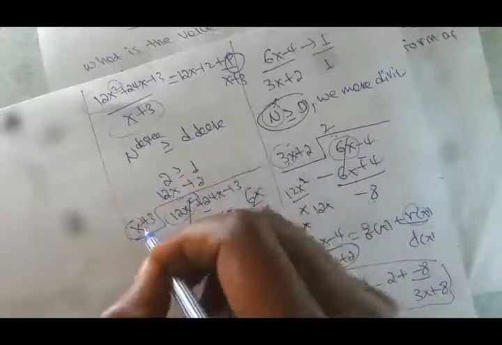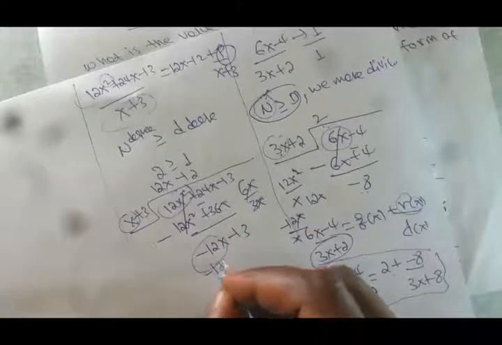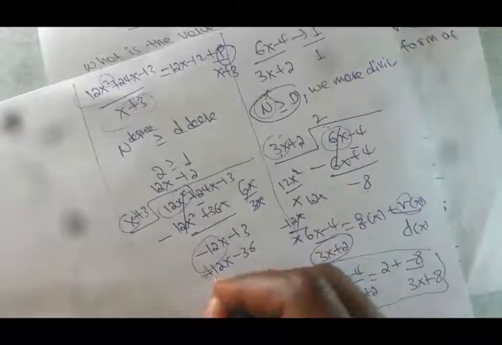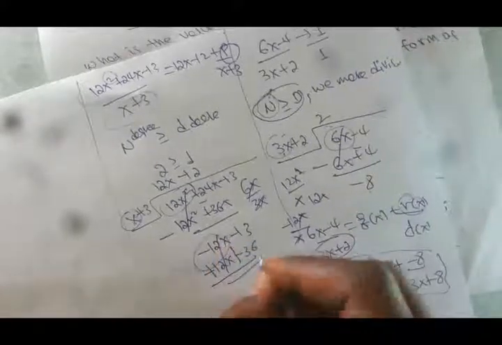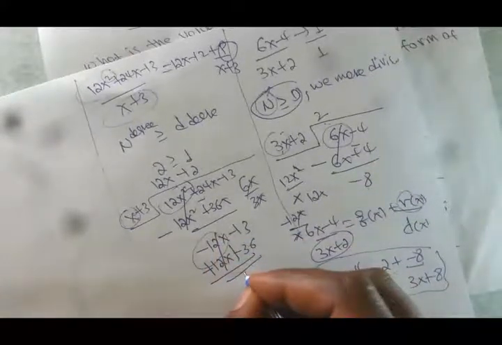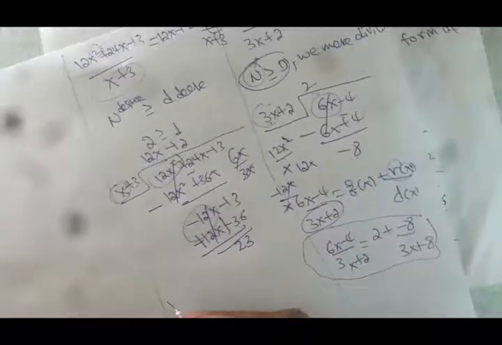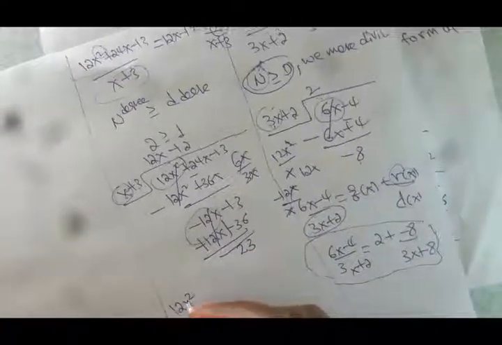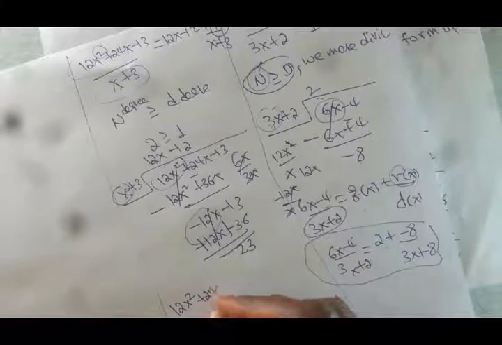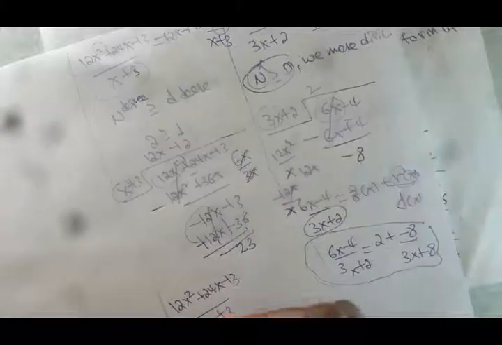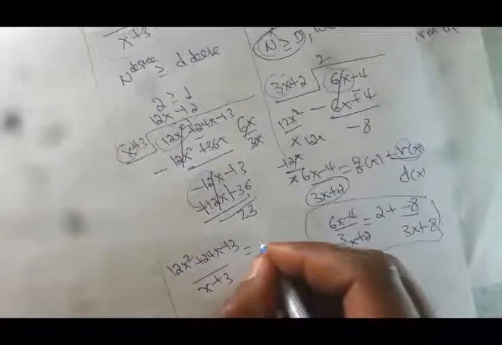Minus 12 multiplied by x plus 3 is minus 12x minus 36. Subtracting, this is cancelled, and the remainder is 23.